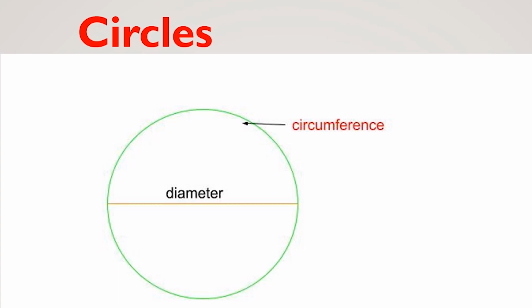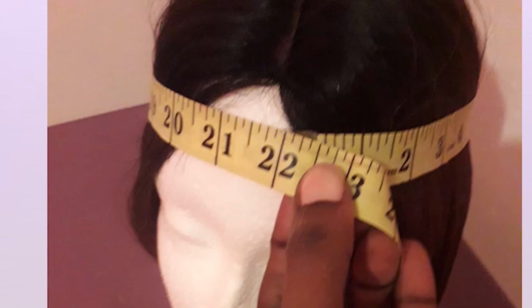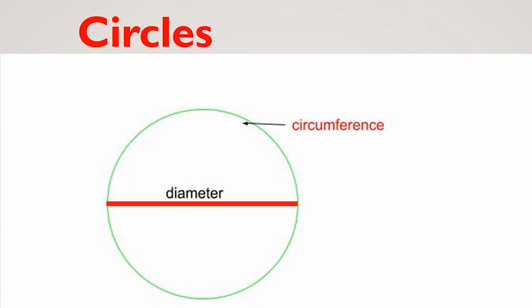Now, to take you back into the mathematics class, we know that in order to calculate the circumference of a circle, we use the formula C = πd. But this time, we do not want to find the circumference because we already know it. So we need to find our diameter. And to do that, we have to transpose the formula.